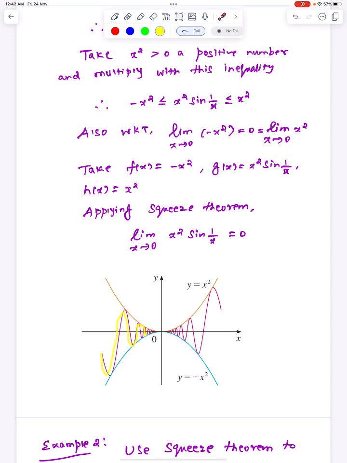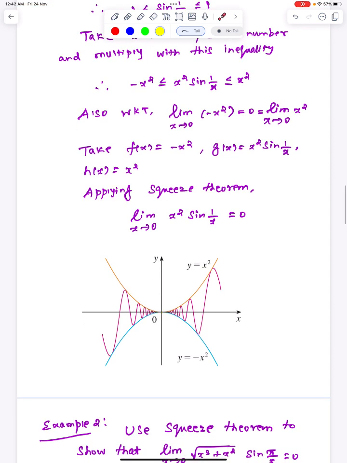This is nothing but the function x square into sine 1 over x. You can very well see that at this point all these three are the same. That means they squeeze together, and obviously the sine function multiplied with the algebraic function x square will approach 0. So this is how you get the answer, and you can see this graph.